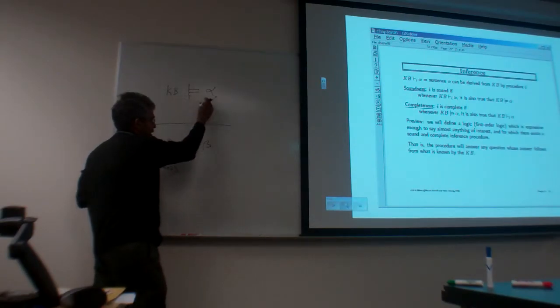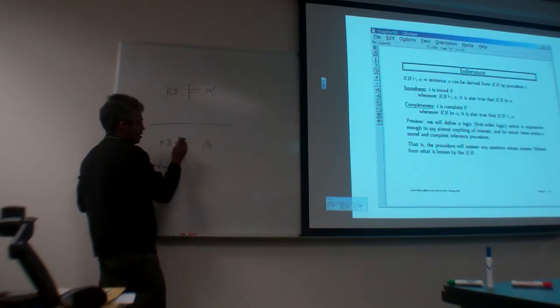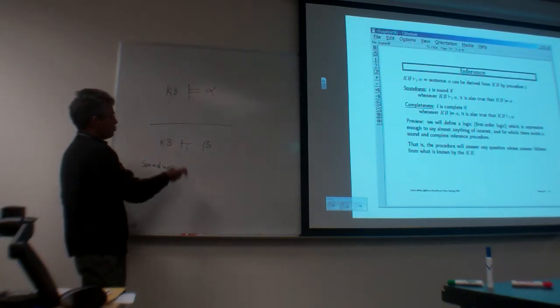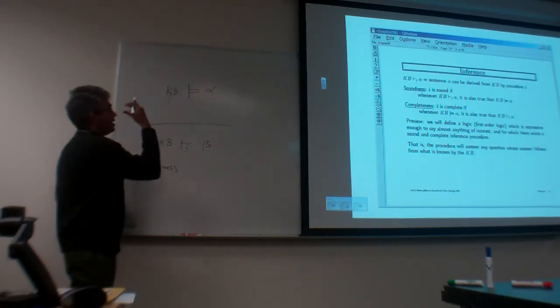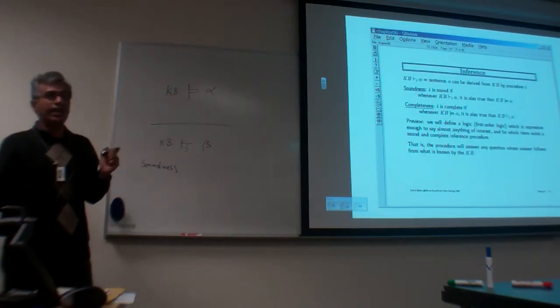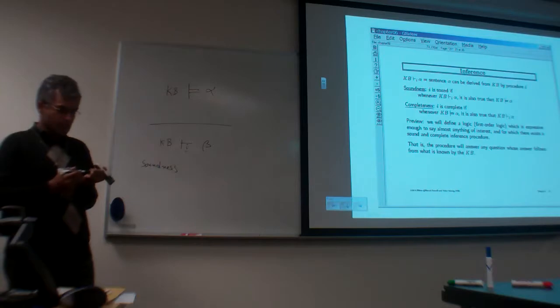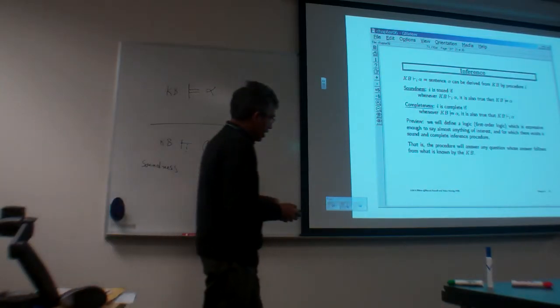That means if gamma is entailed, then this inference rule will also get you gamma. And if you have an inference rule that's both sound and complete, then it is essentially equivalent to doing entailment using that inference rule without having to go through first principles. So that's basically where we are.